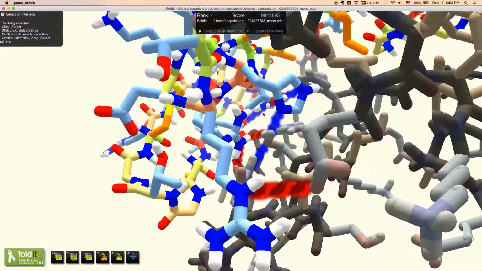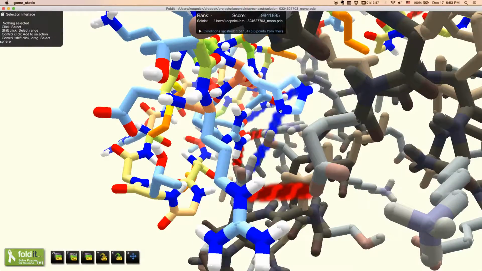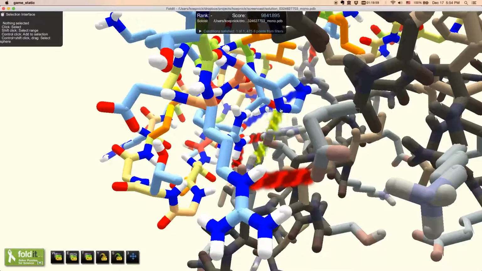And the reason that's interesting for protein design is because this nitrogen, which here is accepting a hydrogen bond from this threonine, after it's protonated, once the pH drops to 6 or below, will no longer be able to make this hydrogen bond with this threonine. And any benefit that it's gaining from this hydrogen bond will disappear.